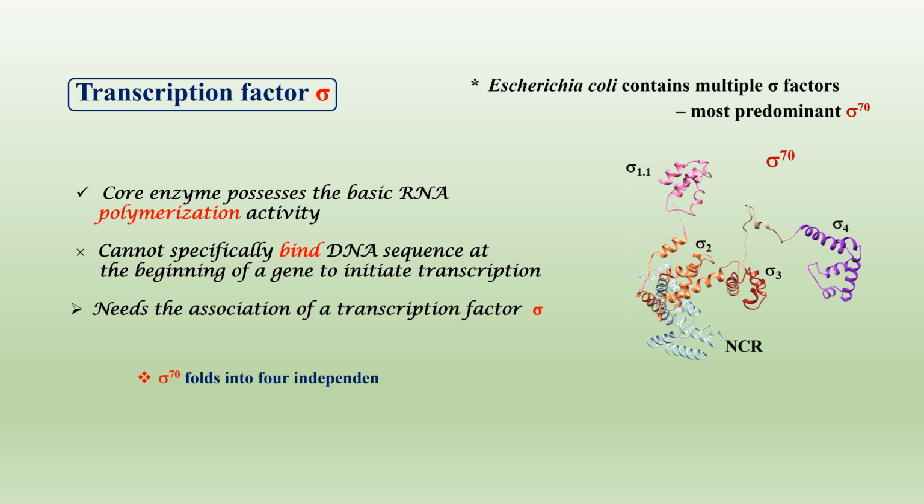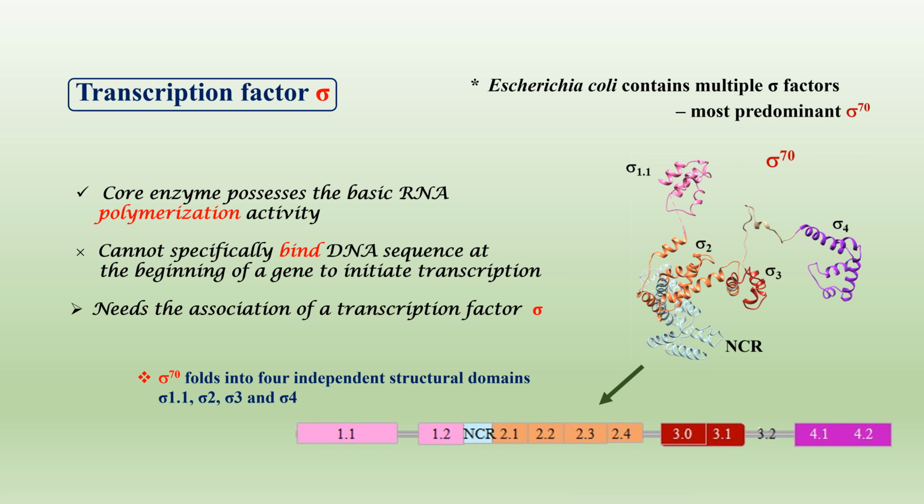Sigma 70 falls into 4 independent structural domains, as shown here. Each domain is further subdivided into subdomains. Besides, there are a couple of flexible linkers that allow significant movement to domains sigma 1.1 and sigma 4.